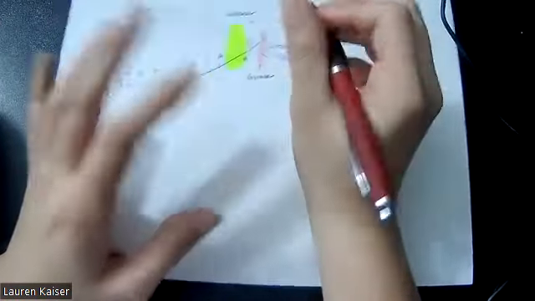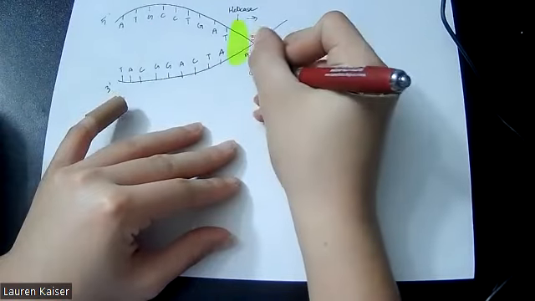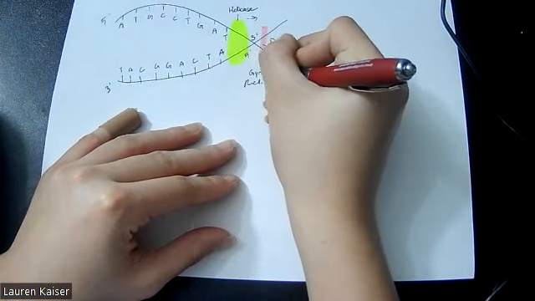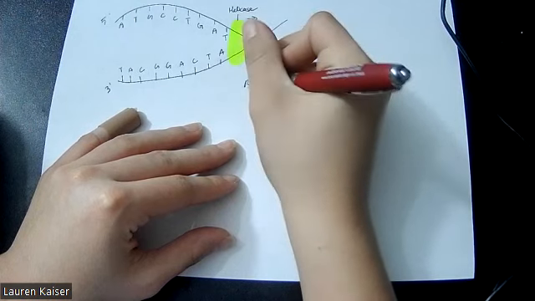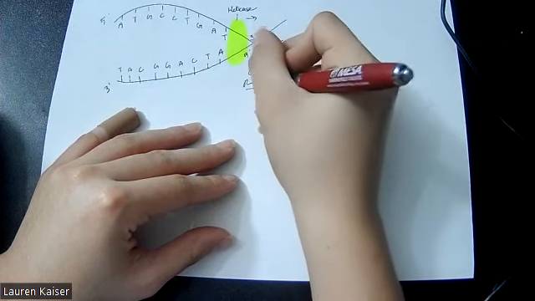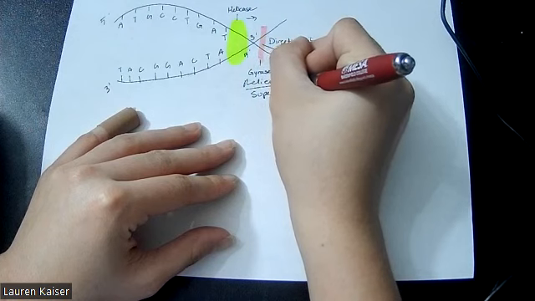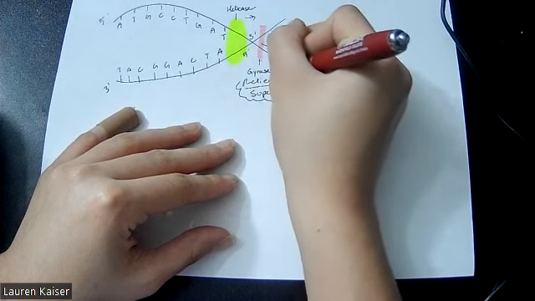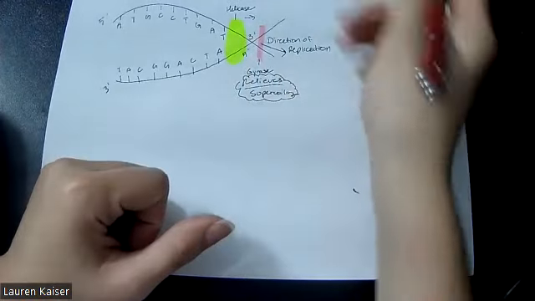So what gyrase, the wonderful friend it is, does is it relieves supercoiling. That's what our friend gyrase does.